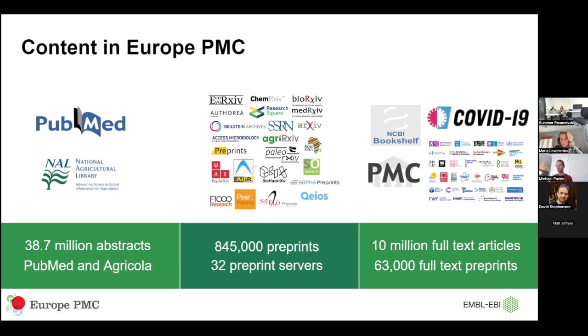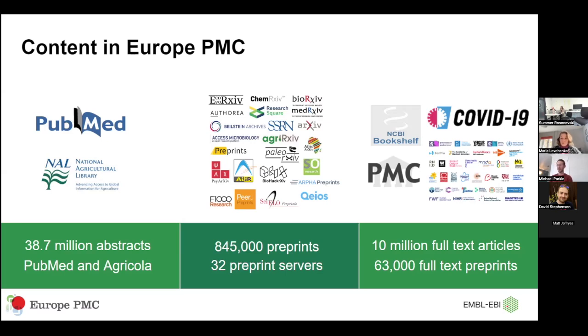There's also approaching 1 million preprints from various life science and generalist preprint servers, and about 10 million full text journal articles. So that's quite a bit of overlap with the abstracts in PubMed. But again, important to note, not every article in Europe PMC is available in the full text. That's relevant if you wanted to, say, search for things like text mining that only happens on the full text.